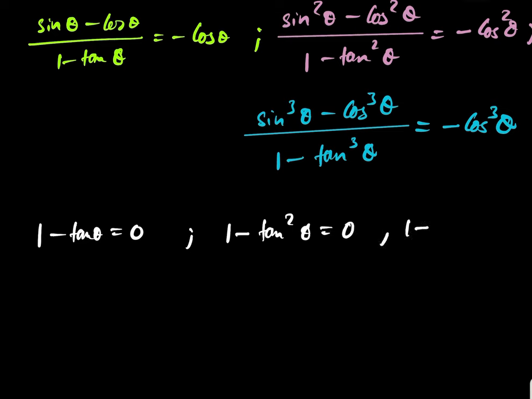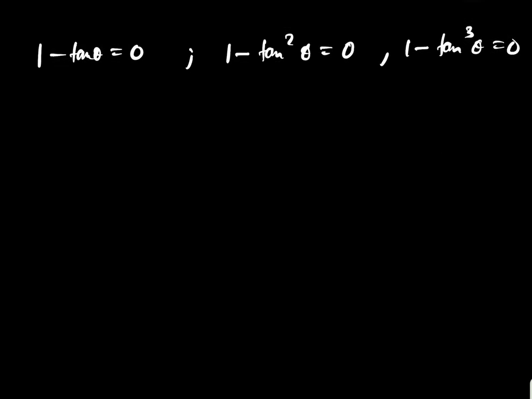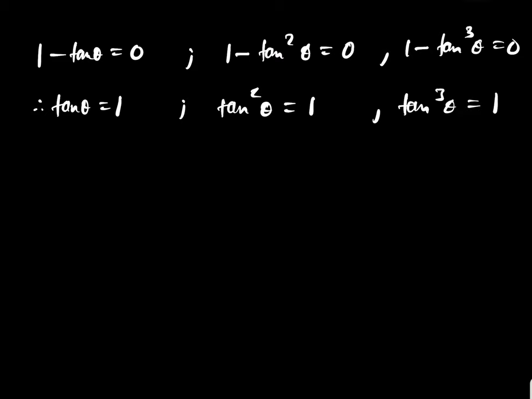Lastly, you have 1 minus a tangent cubed of theta must also be 0. Now, if you try to solve these, for the first one, you're going to get tangent of theta is equal to 1. And then here, you're going to have tan square of theta is equal to 1. And then this side is going to be tangent cubed of theta is equal to 1 as well.